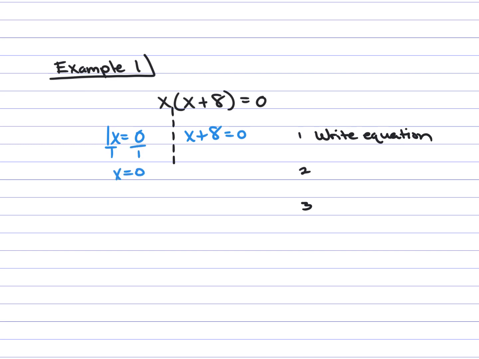And over here, subtract 8, so x equals negative 8. So my second step was to use the zero product property, and my last step was to solve for x.